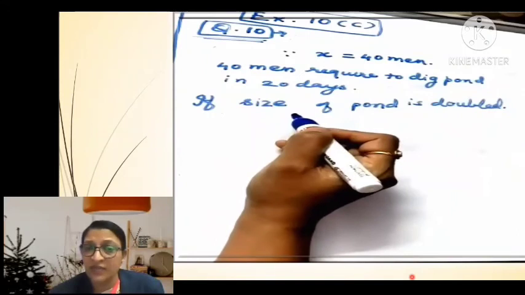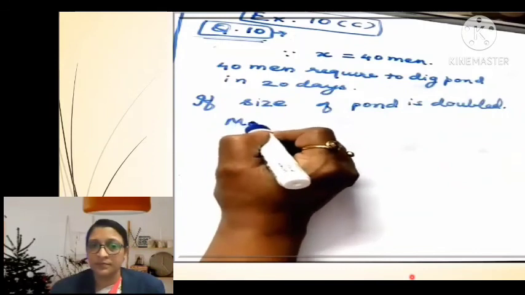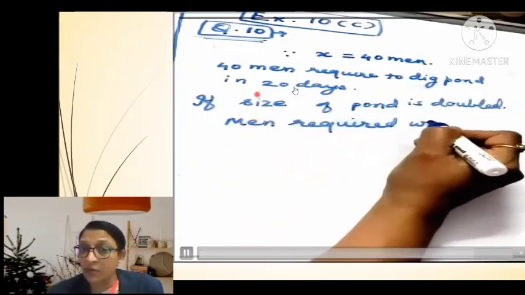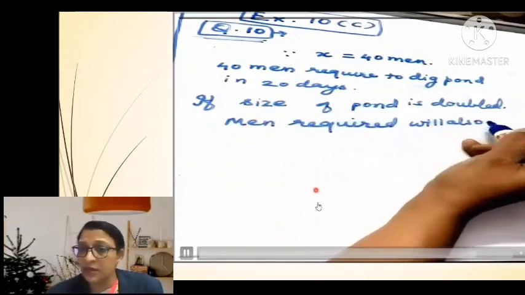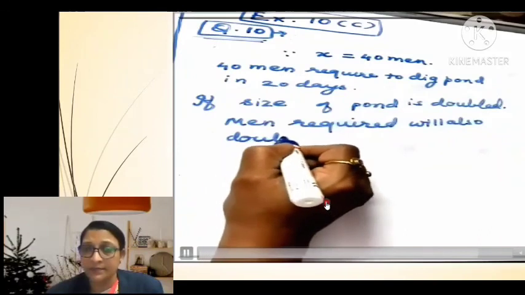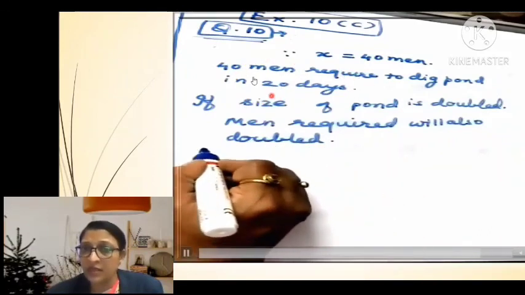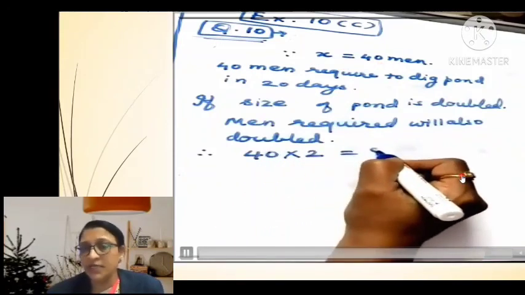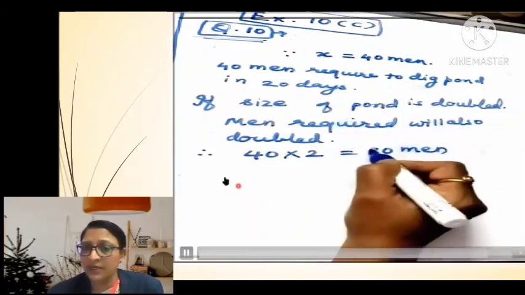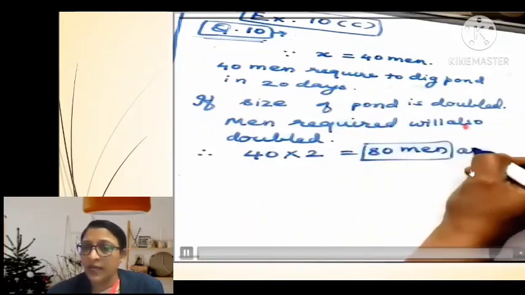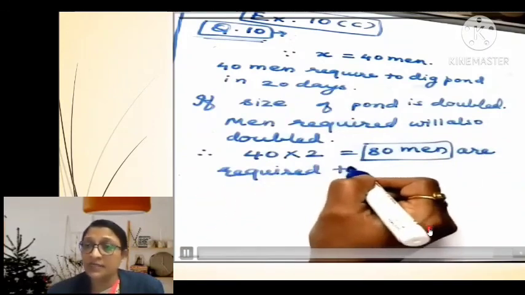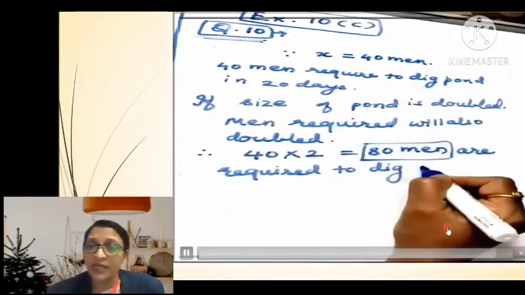So we'll write here, if size of pond is doubled, then men required to complete the work within the same amount of time, that is within the 20 days, will also be doubled. Here, remember, number of days are 20 only. So what we will do? The laborers we will double. Since the size of pond is doubled, so 40 multiplied by 2 is equal to 80 men. 80 men are required to dig the double size pond in 20 days.